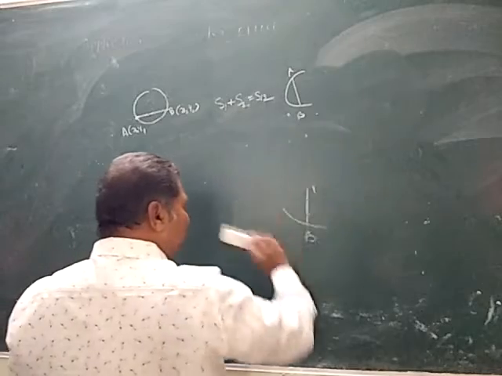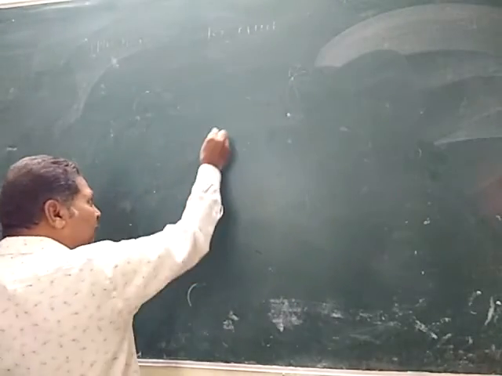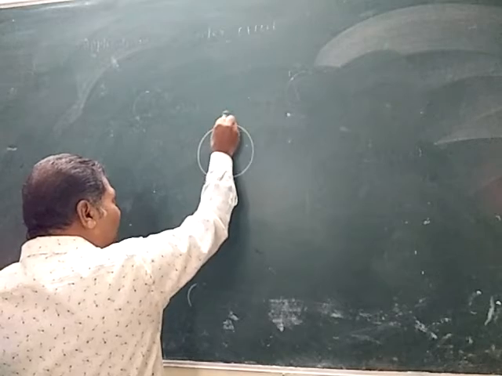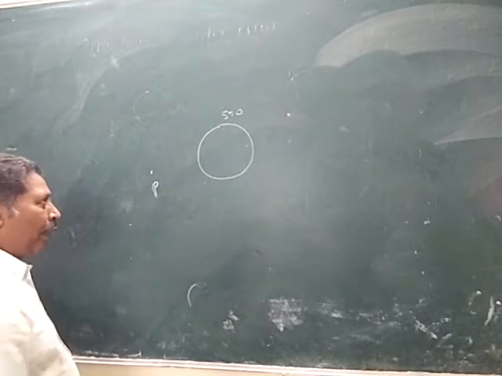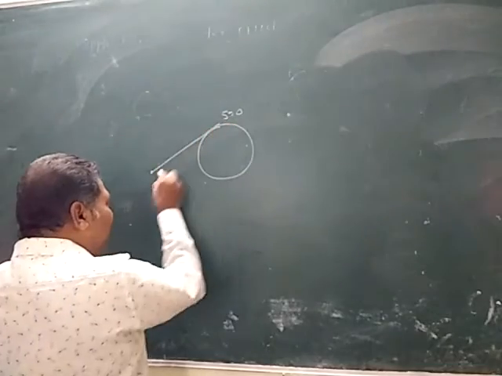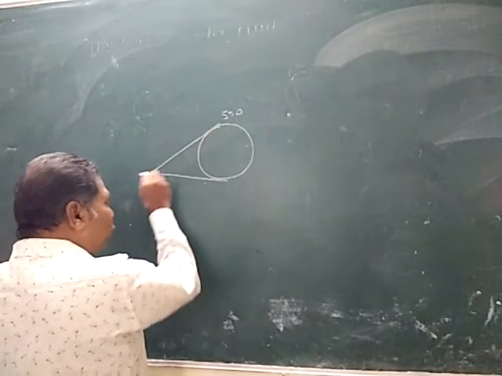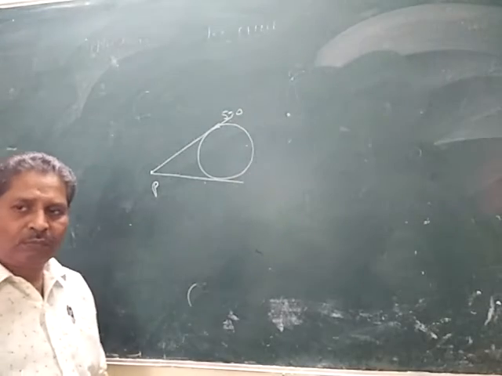Next, another formula. This is a circle, S equal to 0. P is a point. This is a tangent, and this is another tangent through P to the circle S equal to 0.